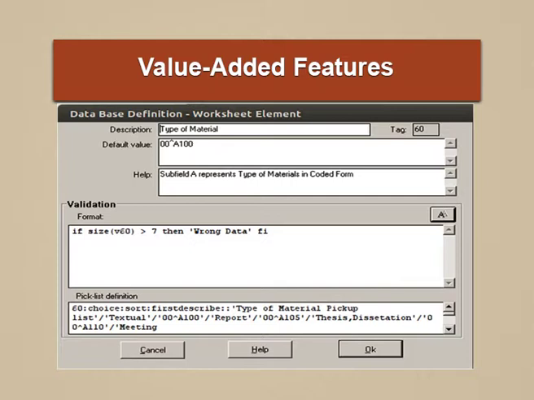So, I have given a command here: size colon the tag number, that is, the tag number here is 60, so size colon V60 greater than 7, then you say it is a wrong data entry. Okay.